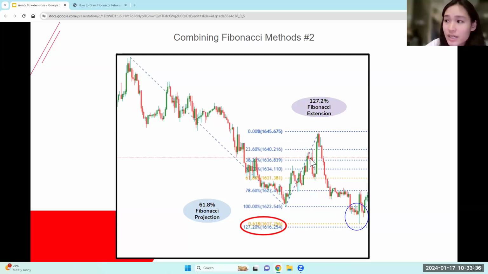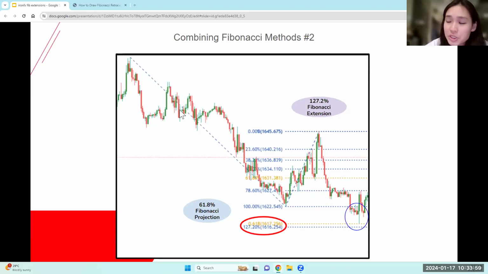So the Nike tick, if you can't see, the head of the Nike tick is from here, the swing low to the swing high. And because it has surpassed 100% of it, or it's retraced 100% of that, the head of the V shape, then we can use it as our extension.